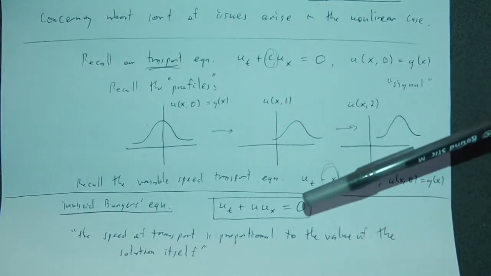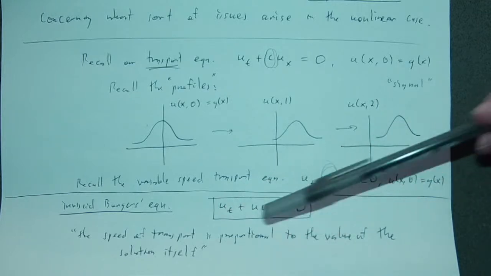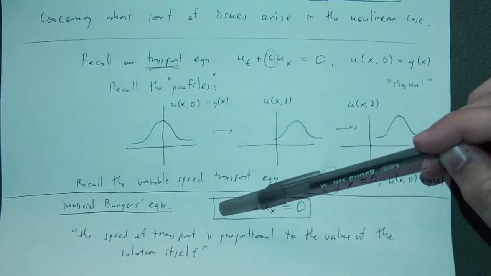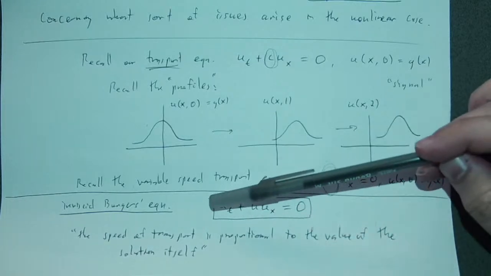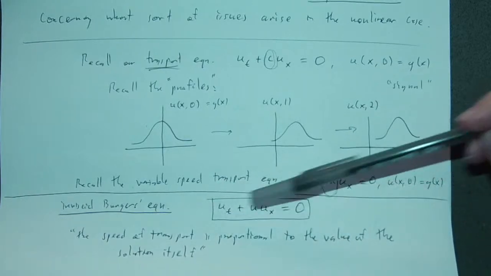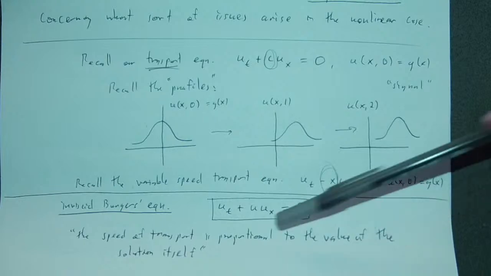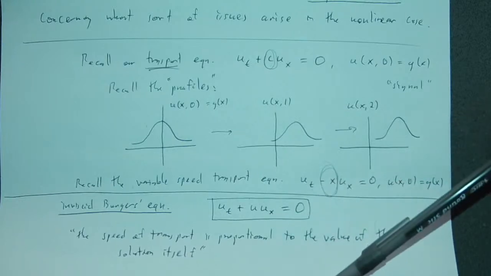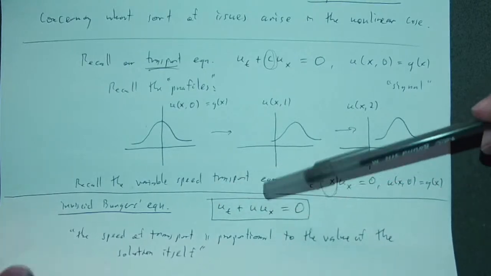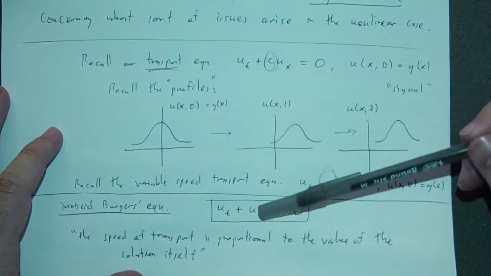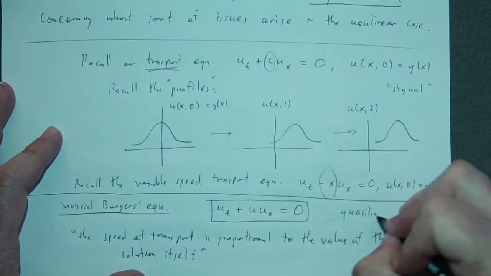This is quasilinear rather than fully nonlinear, because fully nonlinear means that my functions are allowed to be functions of the partial derivatives. So it's not quite that bad. I still have coefficient functions on these partial derivatives. The partial derivatives themselves are not being touched by a function. This is not u sub x squared or something like that. Instead, my coefficient function, at least this one, depends on u. This is an example of a quasilinear first order PDE.